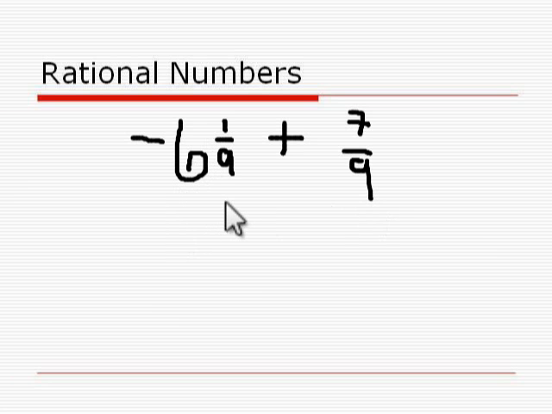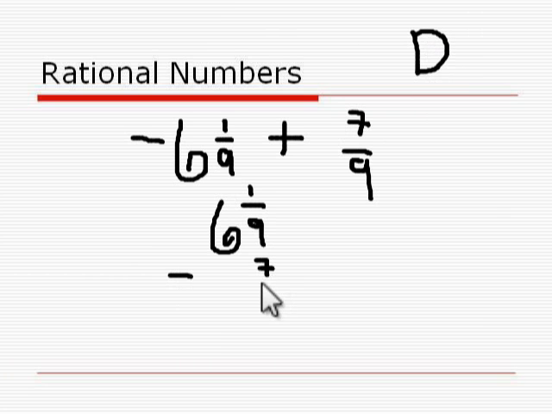I take the absolute value, so I get 6 1/9. Oh wait, I forgot. Do I ask myself this question? Signs are the same or are they different? They are different, so I'm going to find the difference. I'm going to subtract. So I'm going to subtract 6 1/9 minus 7/9. I have common denominators already, so that means I have to subtract the fractions.